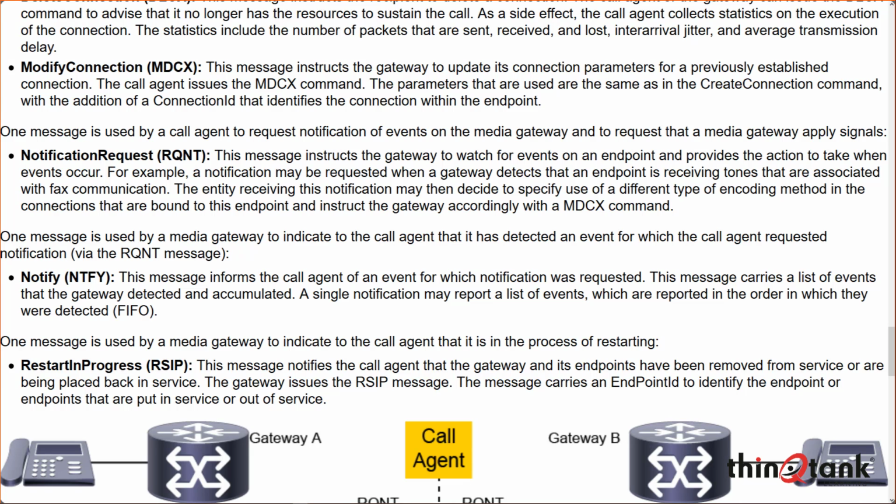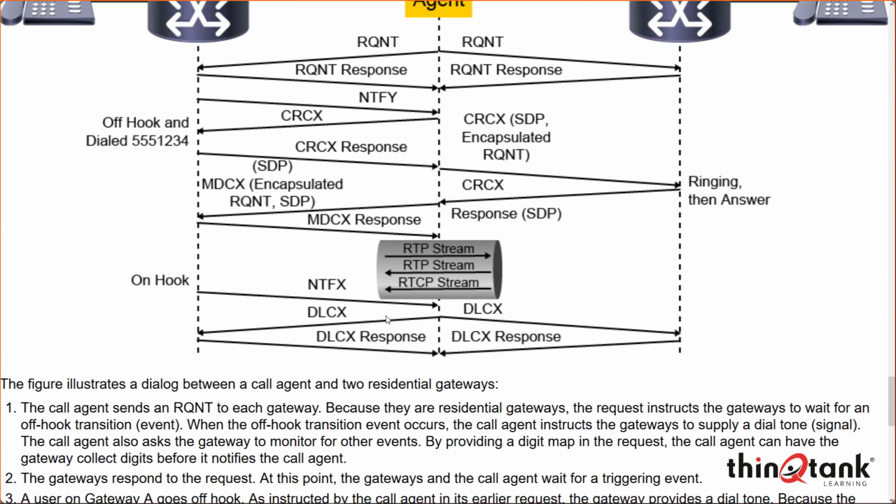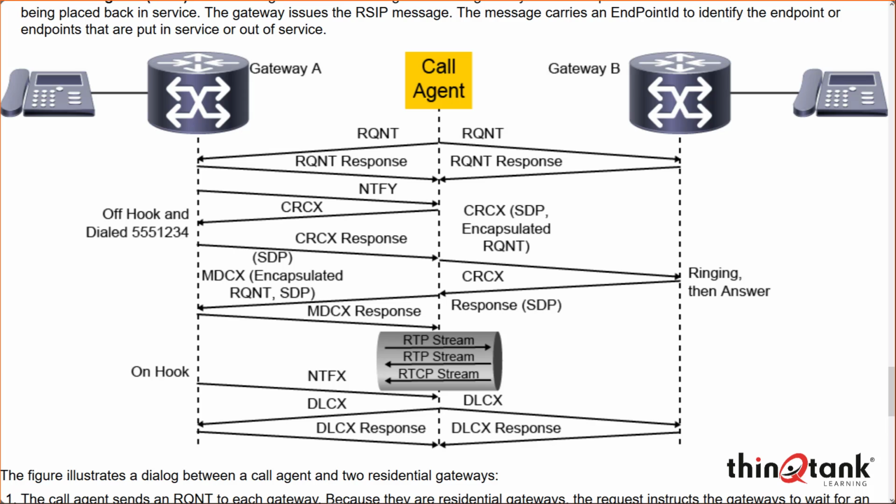All right. So we're seeing a transaction or a set of events that are occurring here. Number one, the call agent sends the RQNT to each of the gateways because these are the gateways that are configured in Call Manager. The idea here is that we're instructing the gateways to wait for off hook.